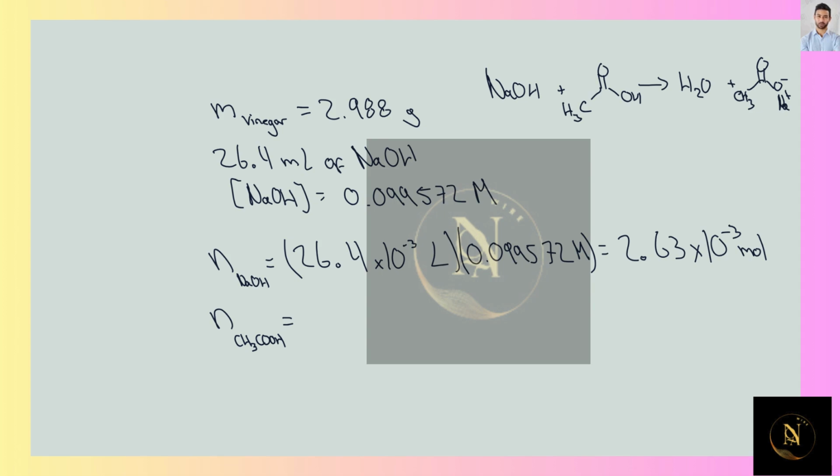So the amount of moles of acetic acid that we have in this vinegar is the same amount of moles that we have of NaOH.